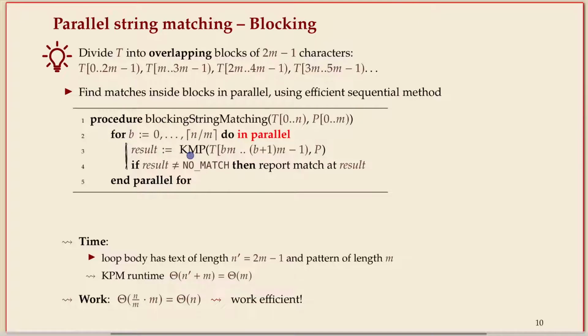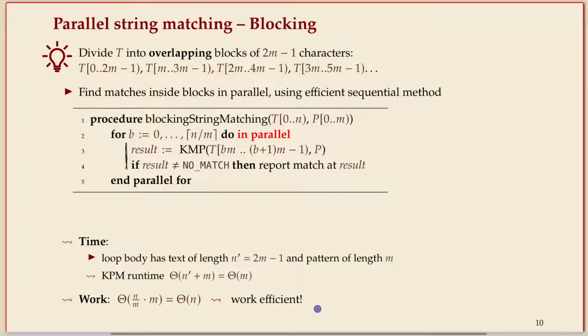We call the KMP algorithm, which we know has running time n plus m for a text of length n and a pattern of length m. Now we're not using it on the full text, but on a small snippet. So if you insert that, you get overall linear time in terms of the pattern, so theta of m, because we use it on a very small piece of the text.